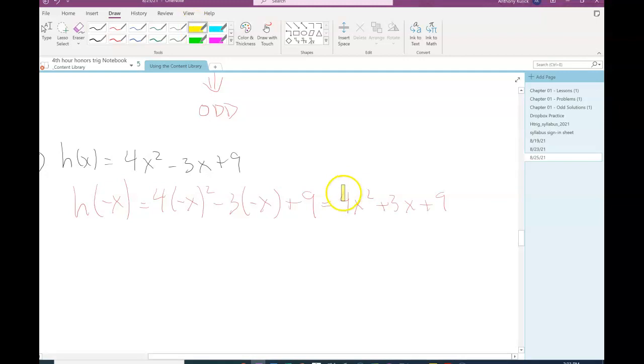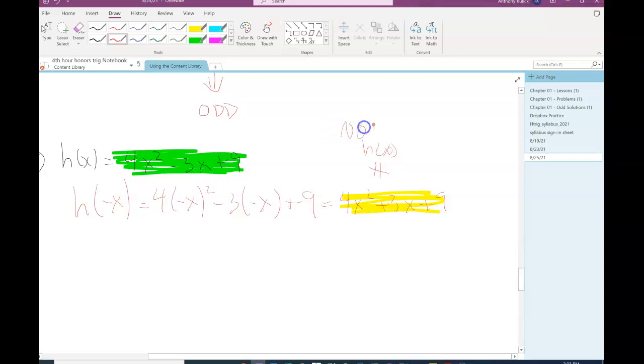Notice here that this is not the same as h of x, right? We have some sign disagreement. So I know that this is not h of x, so I know it's not even. Everybody good there?